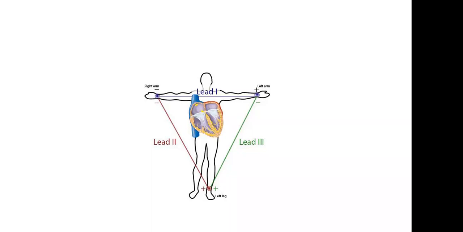You can see over the top of the diagram is lead 1. So this is a connection between the right arm and the left arm with the machine.